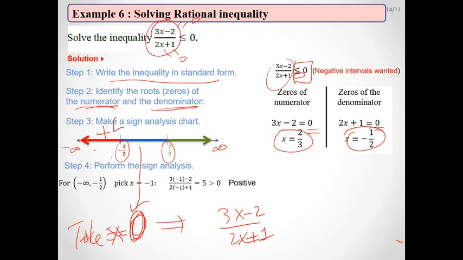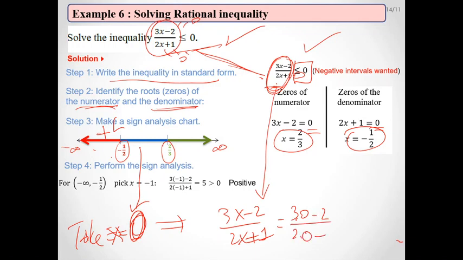You have to take the rational expression in standard form. Sometimes they're not the same. In this question they're the same, but not in all questions. Put 0, you get 3 minus 0 times 0 plus 1, so it makes -2 over 1. So this is negative, and you put a negative sign here.